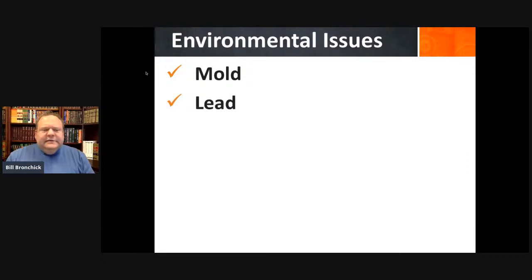Lead paint, that's an issue. Properties built before 1979, you must give a pamphlet and you must give a disclosure, it's a standard form. You can go to epa.gov. It basically says your knowledge of any lead in the property and so on and so forth, and any reports in your possession that you know of.